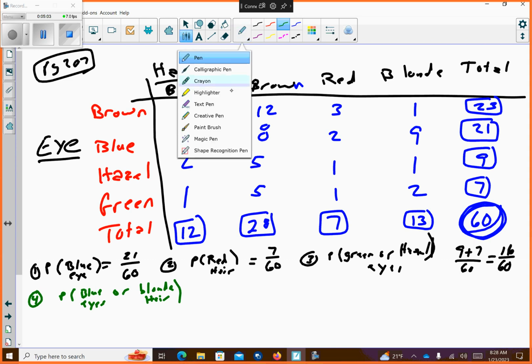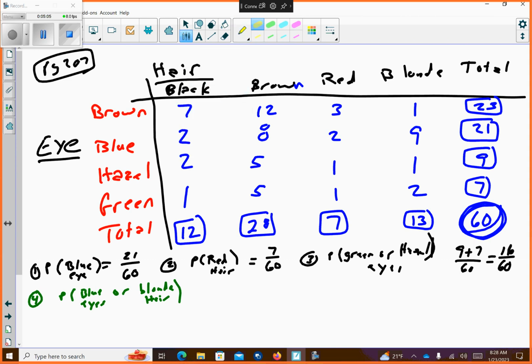I'm going to highlight this one in yellow. Blue eyes is this region here. Blonde hair is this region here. What do we have to be careful with in this situation?